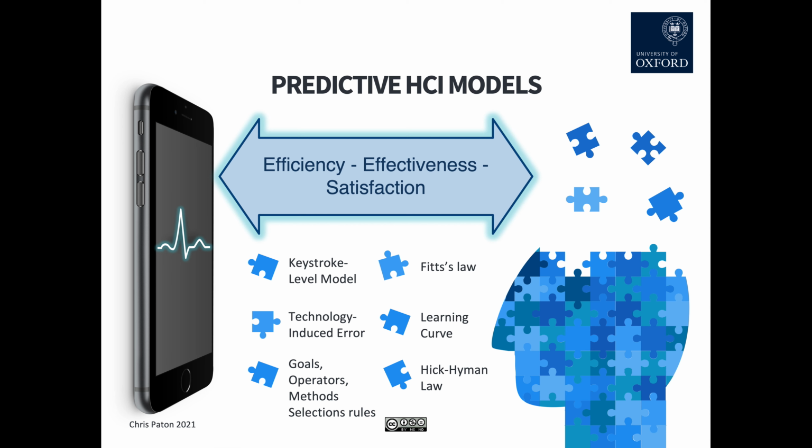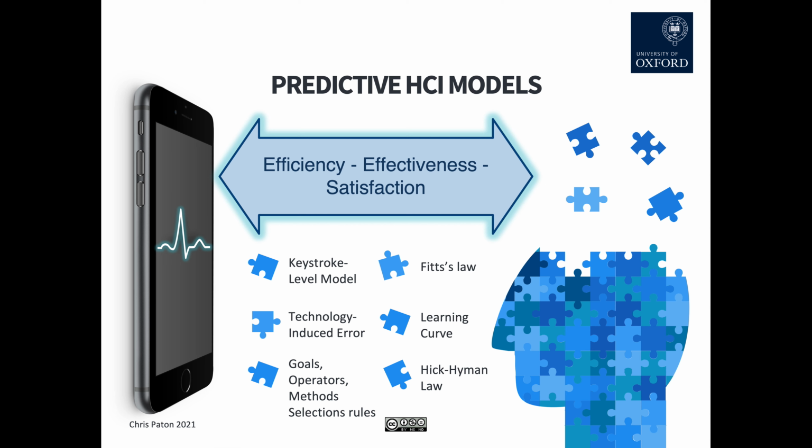Another way of applying usability testing is with predictive models. So this same idea of efficiency, effectiveness, and satisfaction, but using scientific models as a way of predicting that, as opposed to testing on end users. And then you can test and validate whether people adhere to those models.